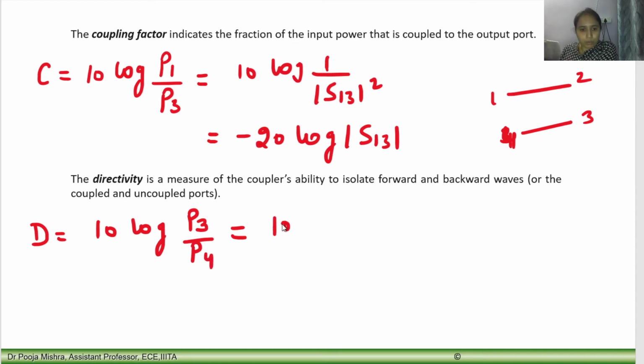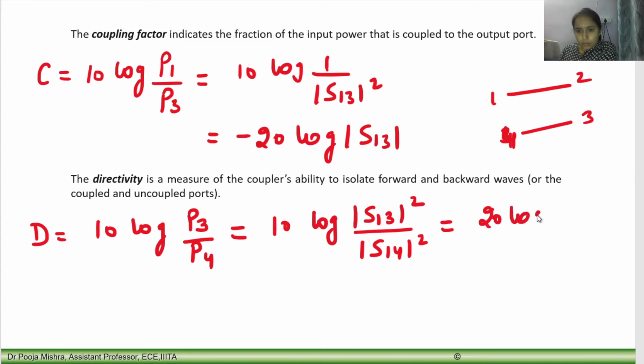This will be equal to 10 log of mod S13 square, or S31 square, divided by mod S14 square, which is equal to 20 log mod S13 divided by mod S14. This will obviously be in dB.